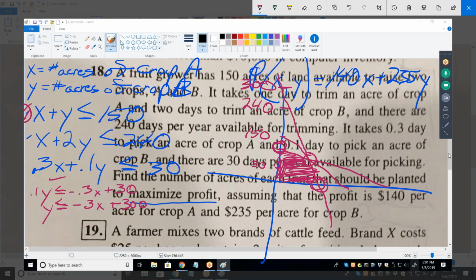In other words, let's figure out what profit of 150 comma 0 would be. And what that means is you're going to plant all 150 acres with crop A. So that'd be 140 times 150, 21,000.